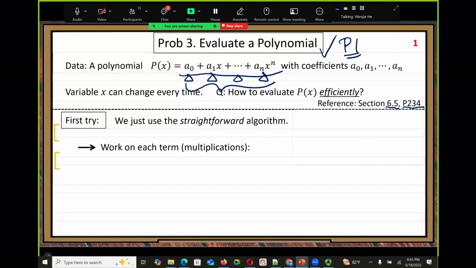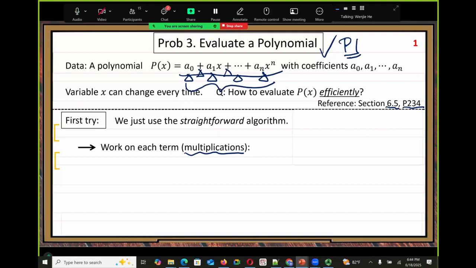That's the straightforward way, the obvious way. Now we work on each term, and we want to look at how many multiplications we need. Here we need to count the number of additions and the number of multiplications. So we have 2 different operations: additions and multiplications.